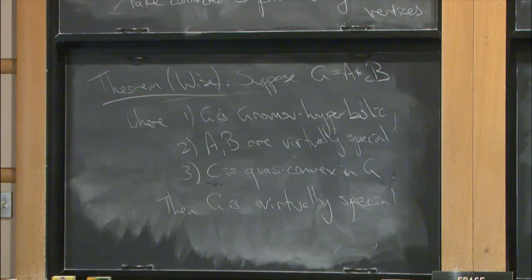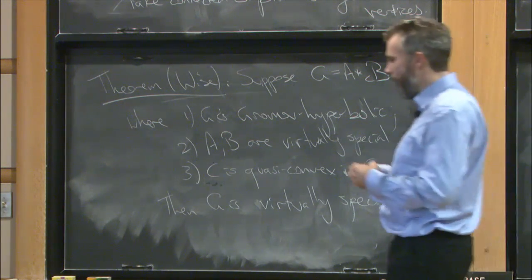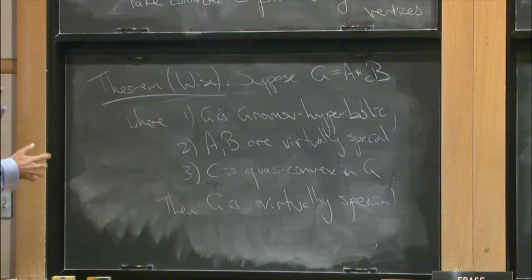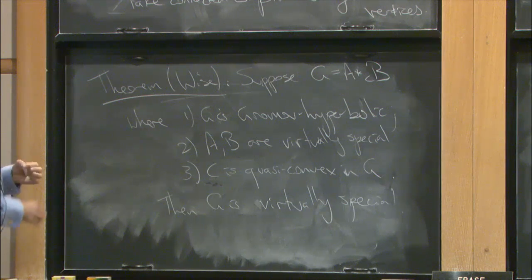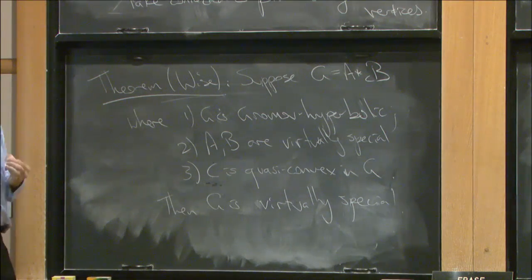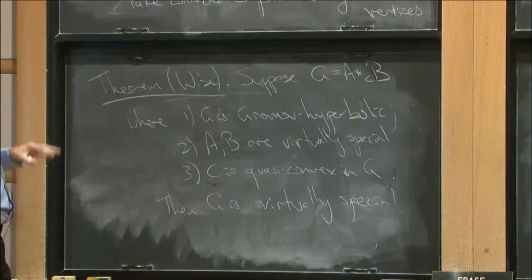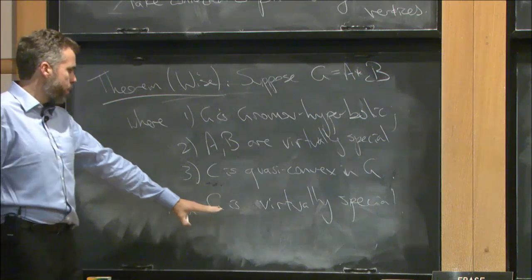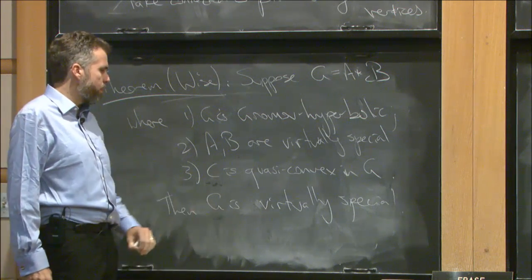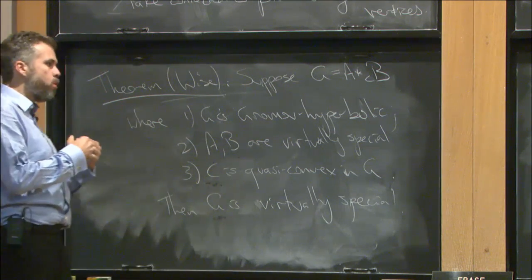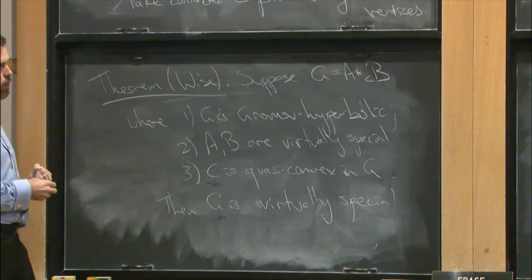So Wise used this to prove that if you have a Haken 3-manifold, then you can cut it up along a Haken hierarchy as long as your subsurfaces along which you're cutting are geometrically finite, quasi-Fuchsian. And then the whole hyperbolic 3-manifold has virtually special fundamental group. So if you already knew that you were Haken, he would prove virtually special.